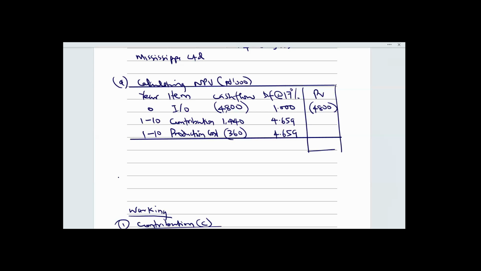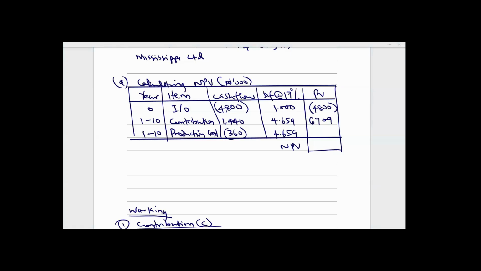All right, my NPV. Therefore, I need to multiply 1440 by 4.659, and I have 6709.